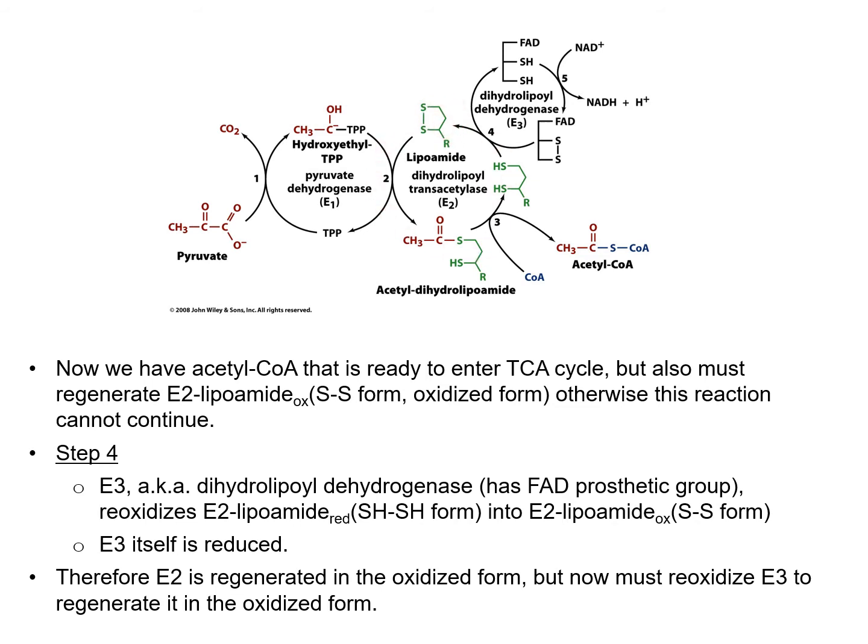So in step 4, E3, which is a dihydrolipoyl dehydrogenase, which has the FAD prosthetic group, reoxidizes the E2 lipoamide that is in reduced form, containing SH and SH here, into the SS form, which is the oxidized form. And then this E3 itself is going to be reduced.